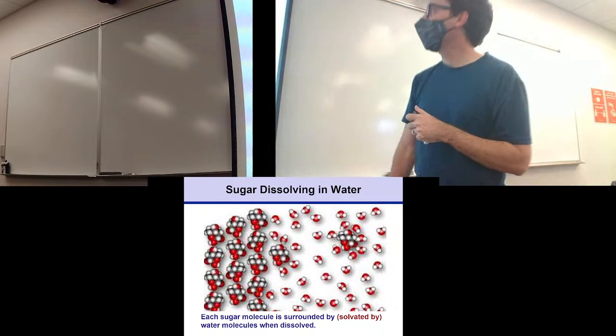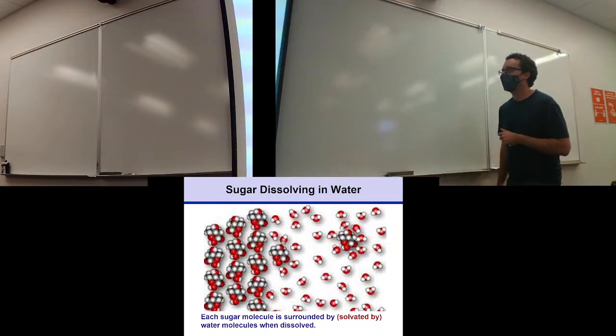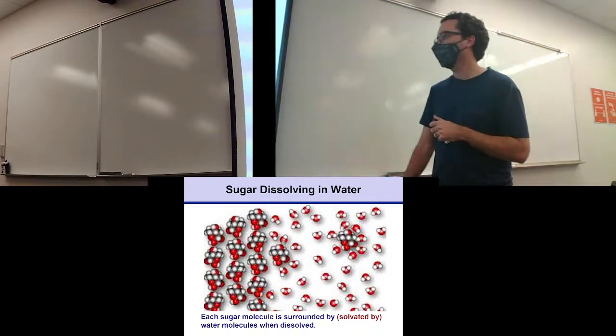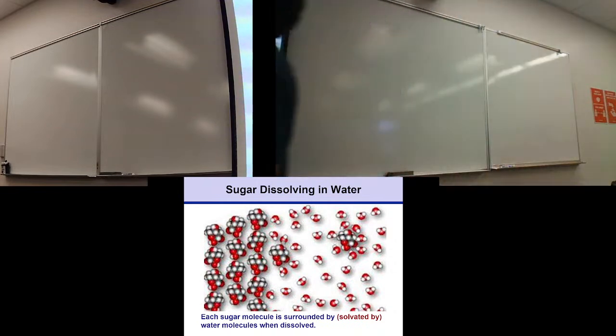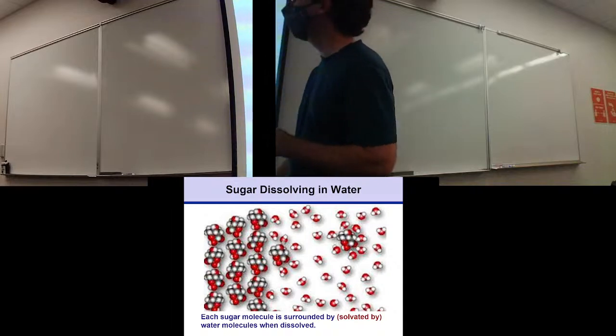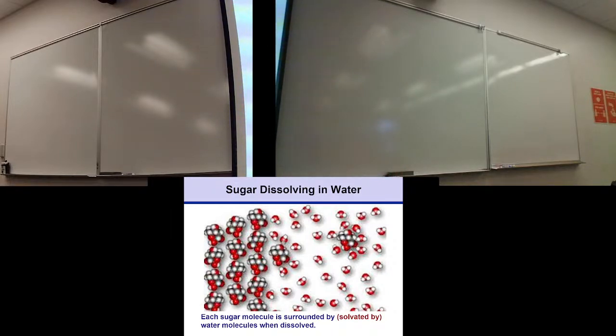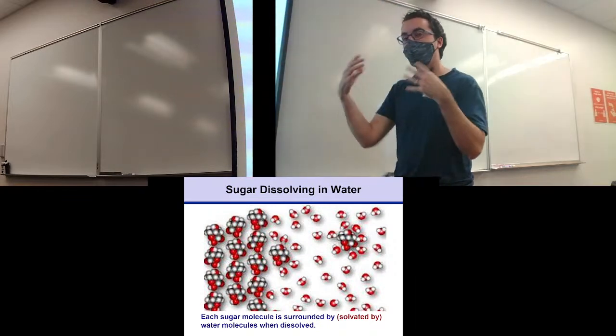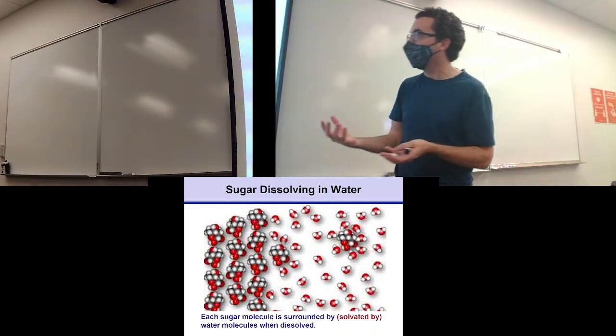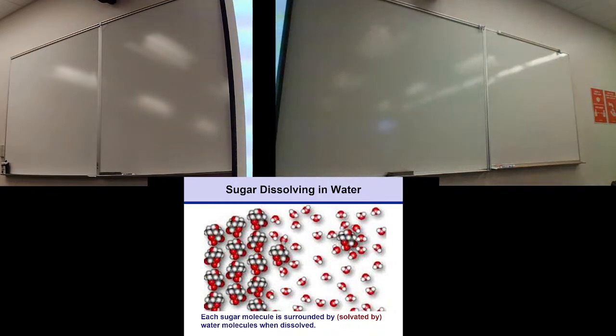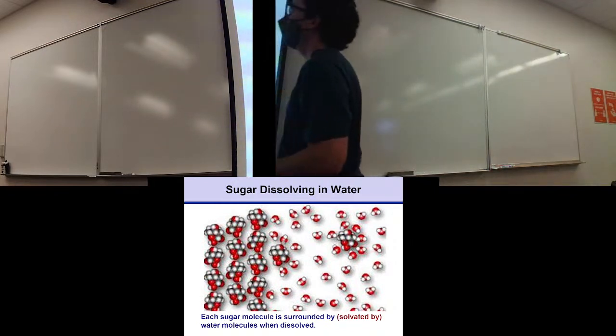All right. So again, here's a visual of sugar being dissolved in water, for instance. You have your solid sugar. All the sugar particles are stuck together in solid form. When you stick it in some water, the water will come in and start ripping apart the solid, not the sugar molecules themselves, but basically separating the individual sugar molecules from each other.